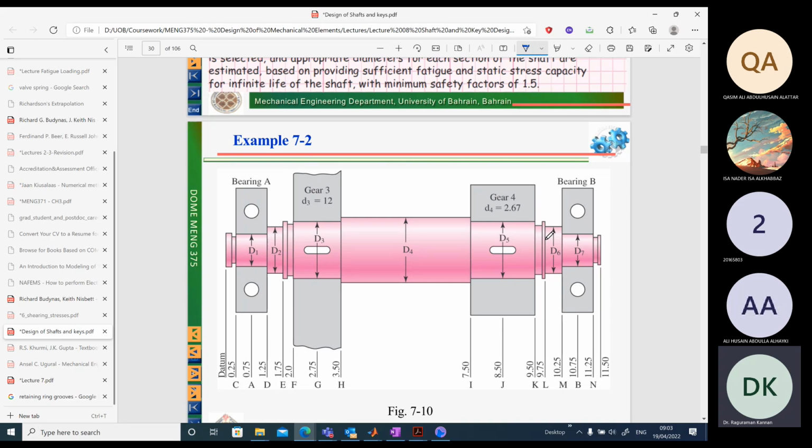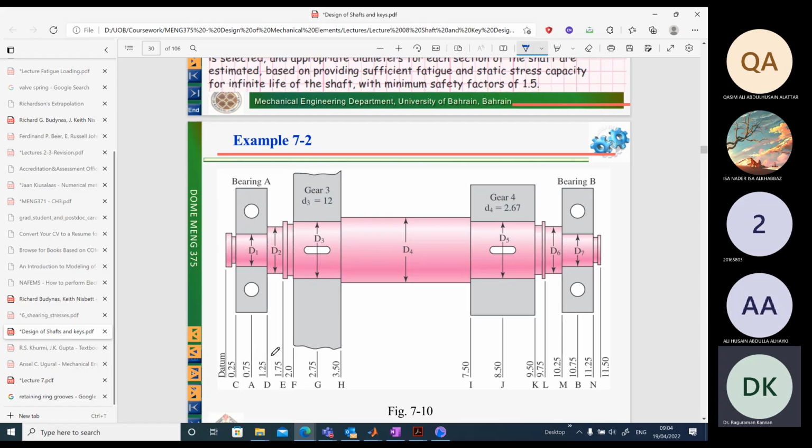Before you start calculating the diameters of the shaft, the length of the shaft will be fixed by the arrangement of the shaft accessories. For example, if you are installing gears and bearings onto the shaft, these lengths will all be fixed by some other criteria.